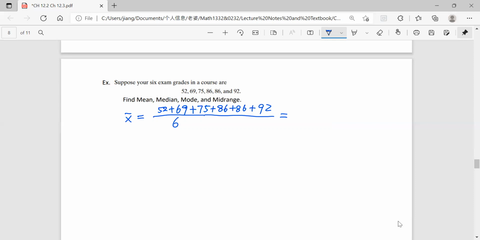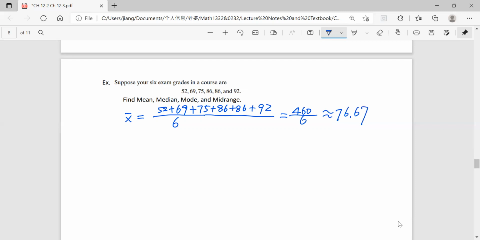My cheat sheet, because I have the answer here. Yeah, that's 460 over 6. So that's about 76.67.